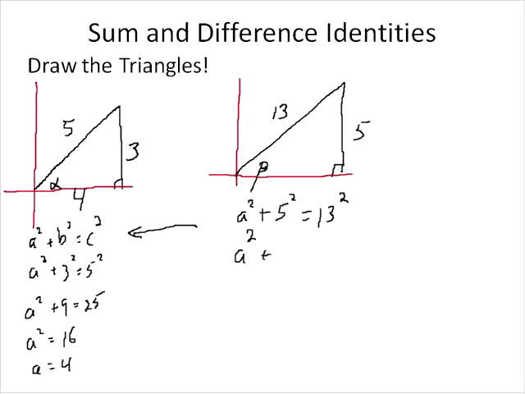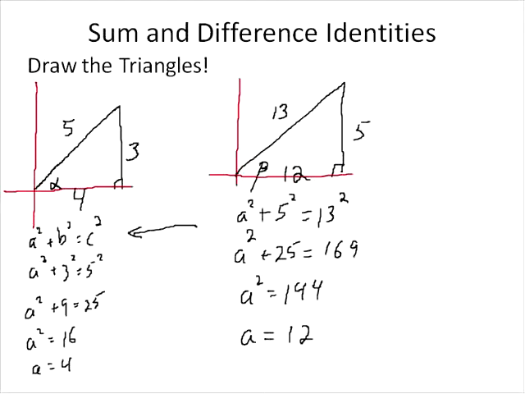So a squared plus 25 is equal to 169. I'll subtract the 25 over and get a squared is equal to 144. So I take the square root of both sides and get a is equal to 12. Right, so this is a 12 right here.